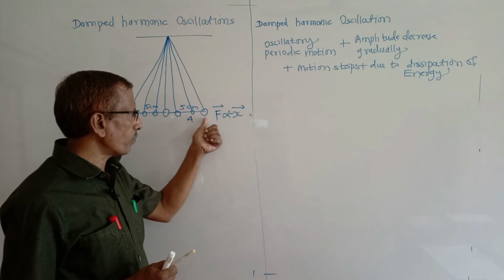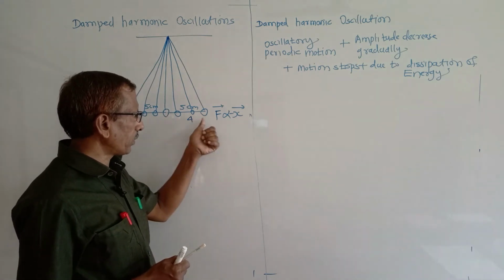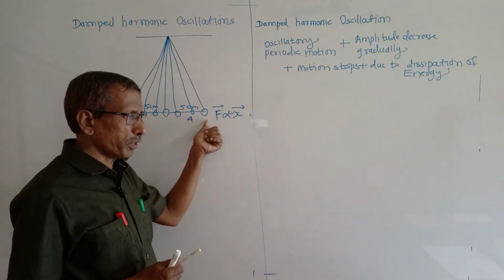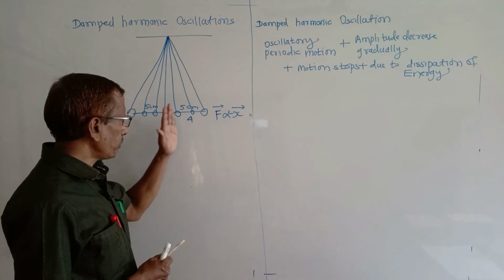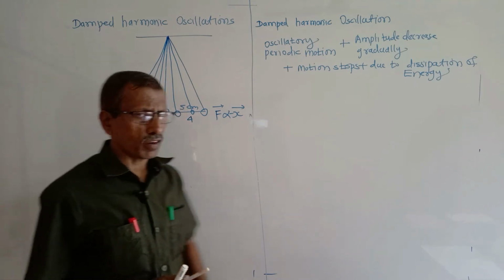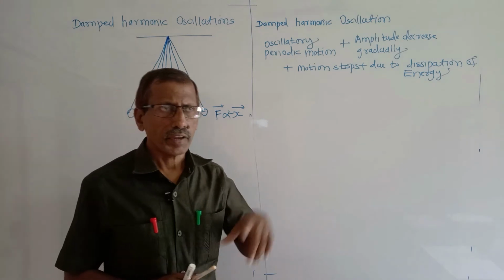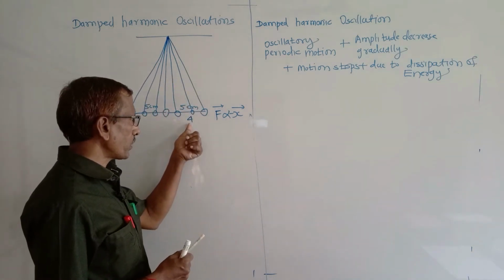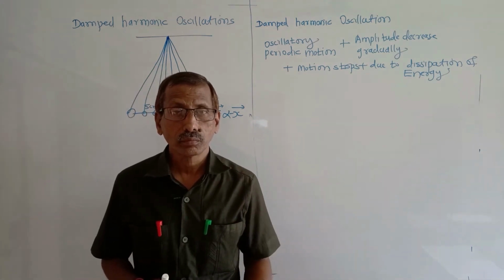And when this bob comes to the mean position from maximum amplitude, then velocity is also high. When this displacement becomes 4 centimeter, since F is directly proportional to displacement, the restoring force also decreases.